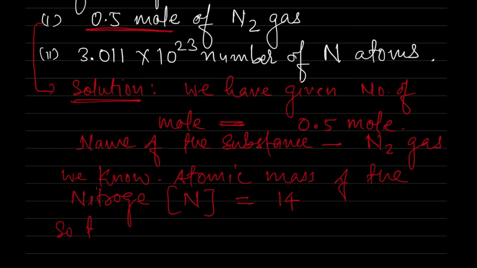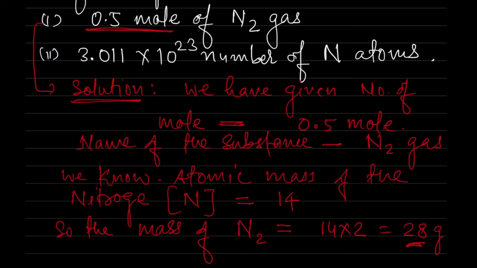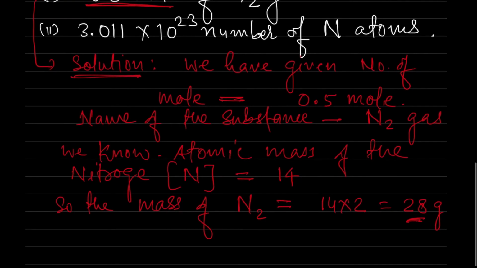So the mass of nitrogen molecule, the mass of N2 is equal to 14 into 2 is equal to 28 gram. So this 28 gram is the nitrogen molecule, which is equal to 1 mole. So 28 gram is equal to 1 mole of nitrogen, 1 mole of nitrogen gas.